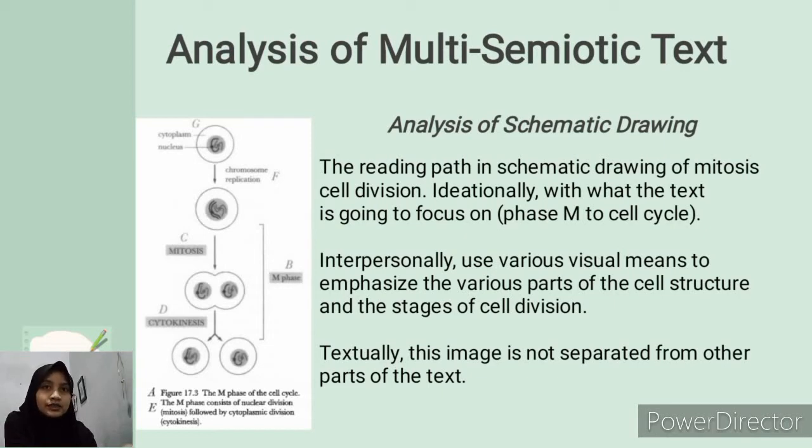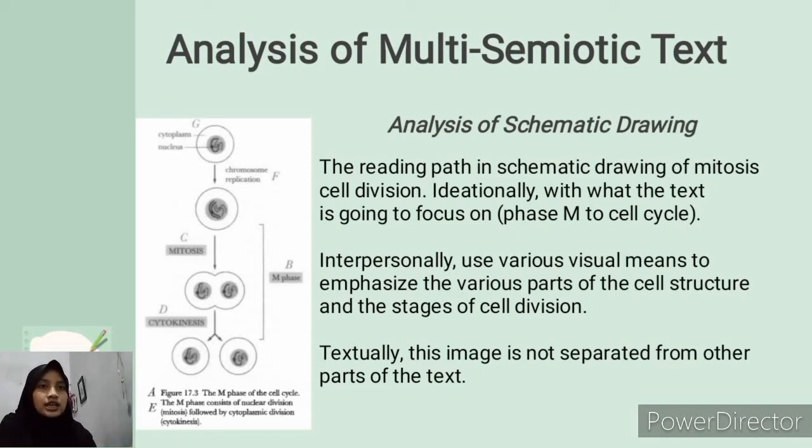Step C, mitosis. There are two steps in mitosis, C2 arrow and C3 circles. I mean that there are two steps to be analyzed in step C mitosis, the arrow and the circles. So C2, arrow. Interpersonally, the single-headed arrow is a command.